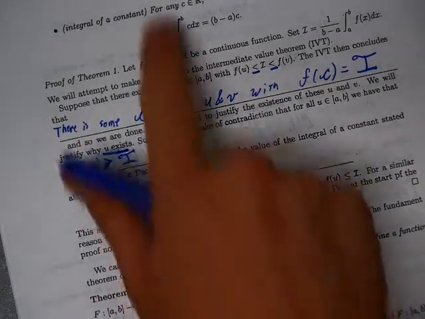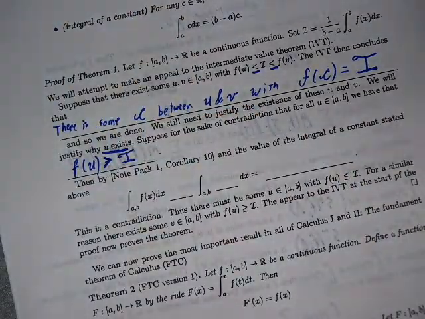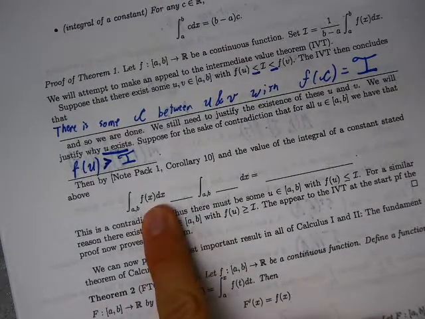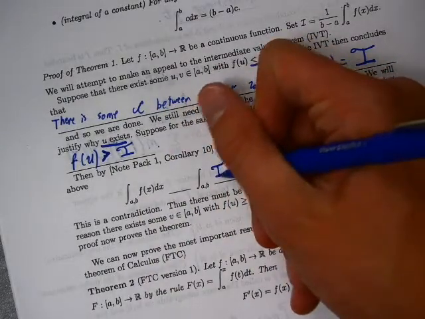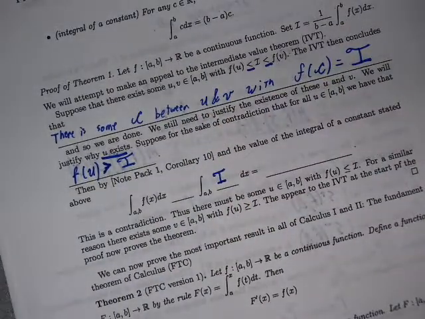Then, by corollary 10, which is stated up here, the integral of the function f of x dx, how would it compare with the integral of the constant I? It would be greater.